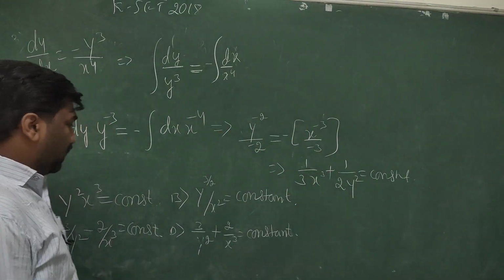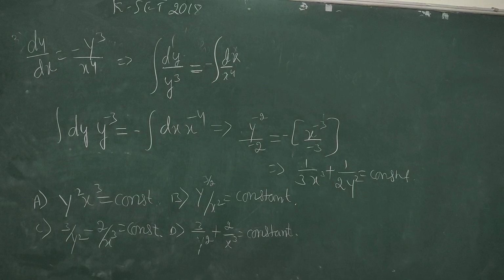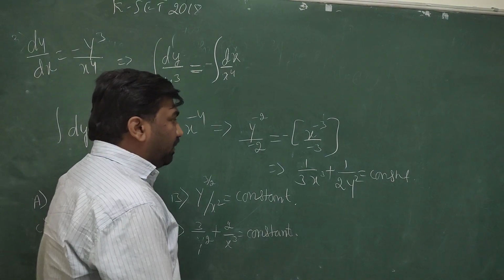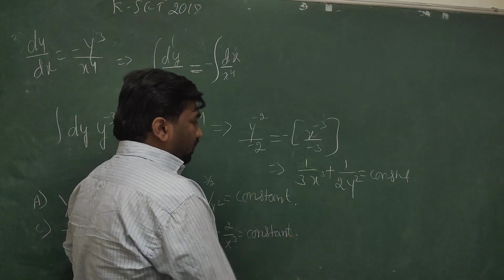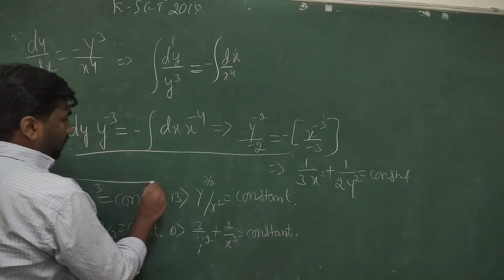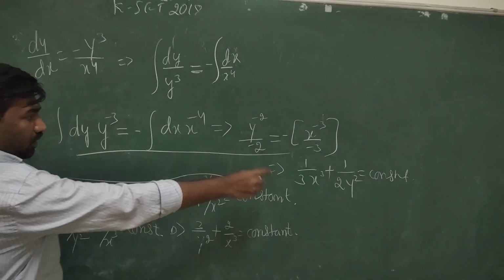And in the given options, there are no options like this, so that's why let us multiply by 6 in the numerator. Let us multiply by 6, because let us take the LCM for simplification.